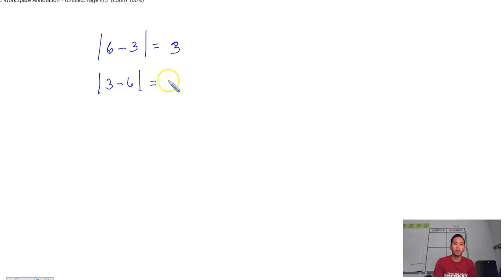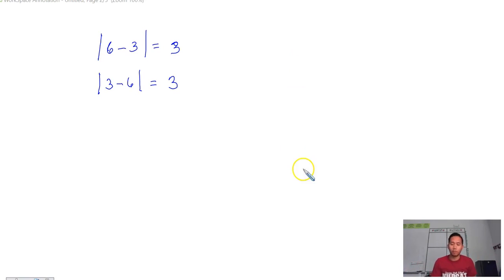This will be the same answer, positive 3. All right, so that is the overview of the concept on getting always positive on the length of a given segment.